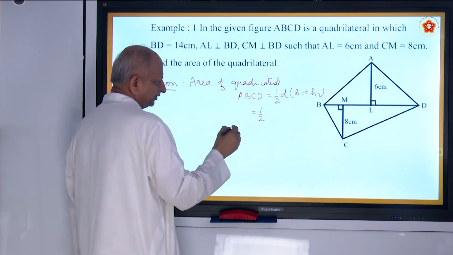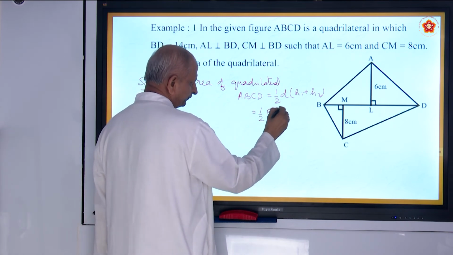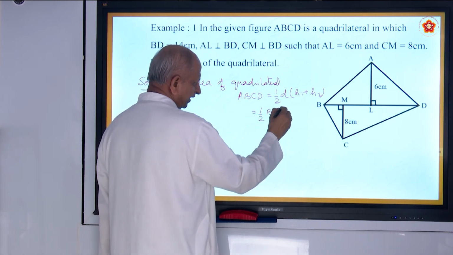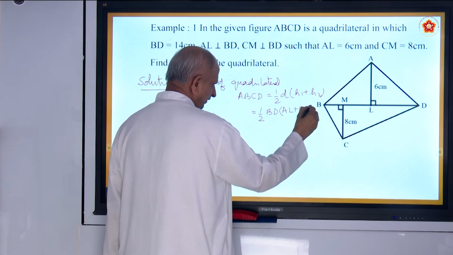Here you can also write what is D? Diagonal BD. H1, H2 means AL plus CM. That also you can write.